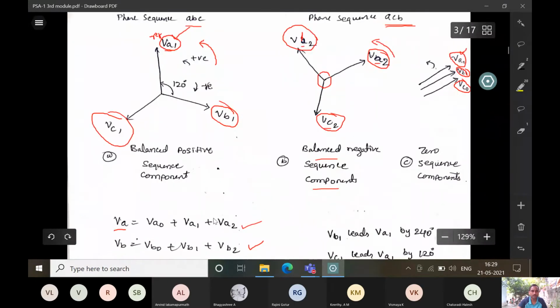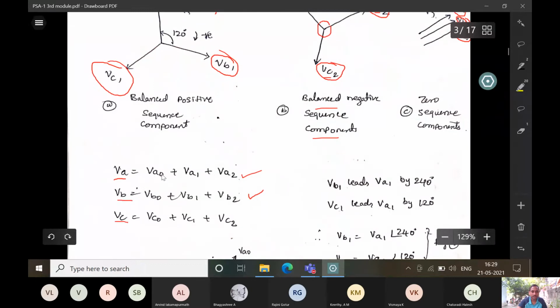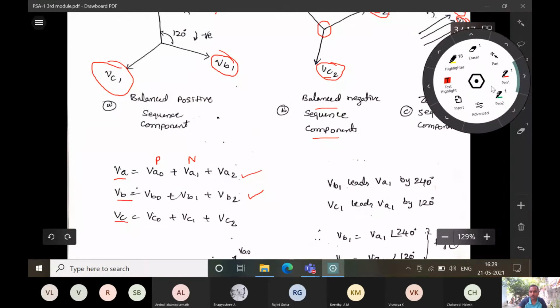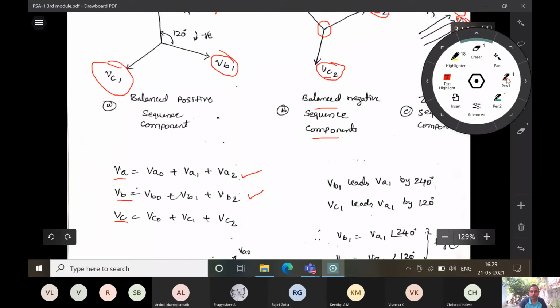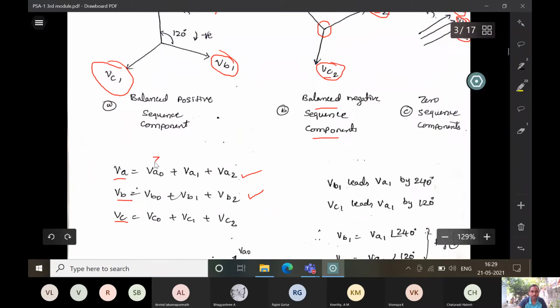In all of these there are three components: zero sequence, positive sequence, and negative sequence components. If you add all these, you will get the total unbalanced phase voltage, that is VA.